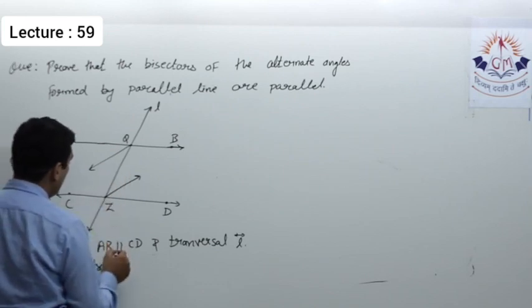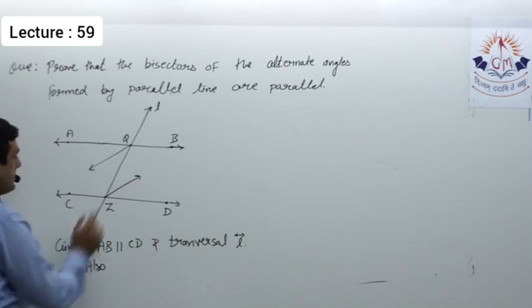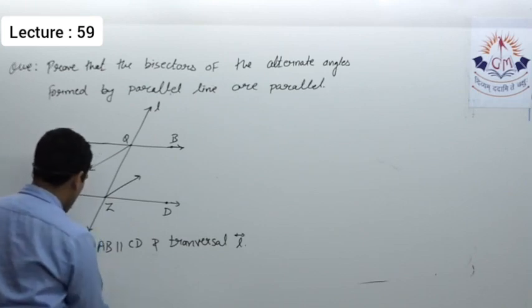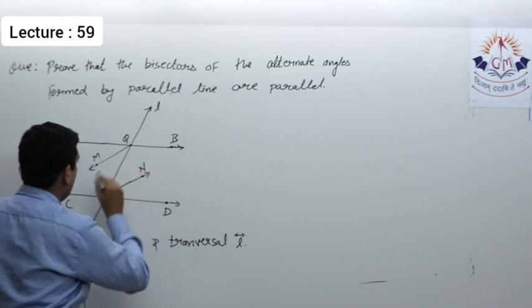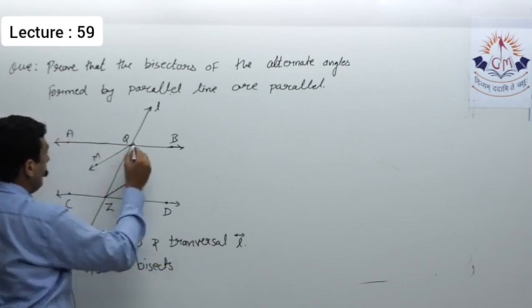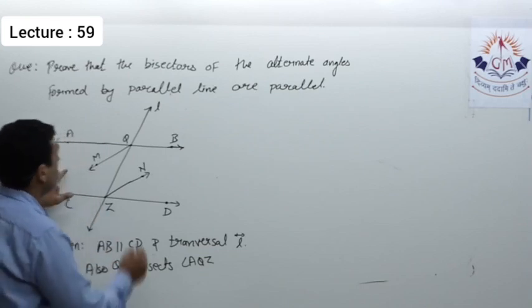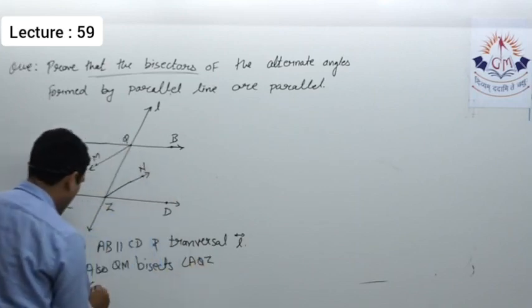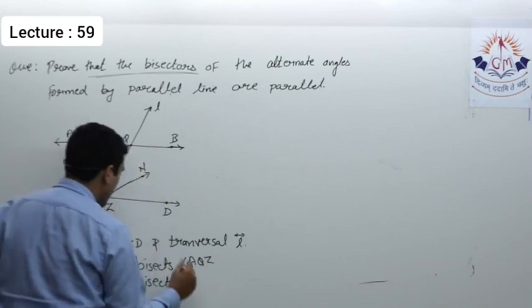Also given QM bisects angle AQZ, so QM is the bisector. Similarly, ZN bisects angle QZD.